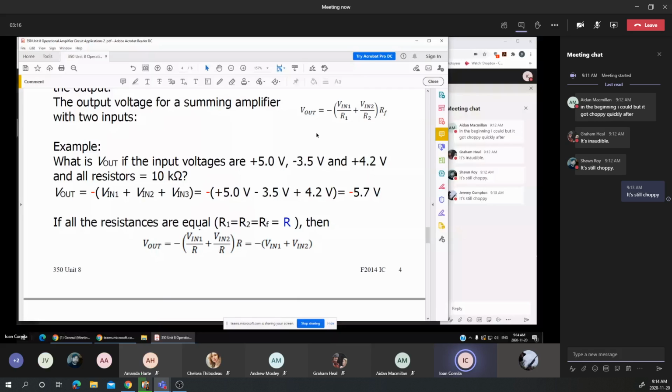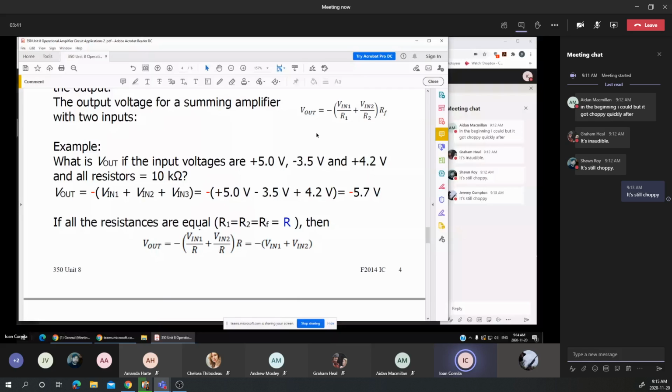Means that the output is an algebraic sum of all the input voltages, but with a negative sign because it's an inverting amplifier. In this equation, if we take R1 equals R2 equals RF equals a given resistance, it doesn't matter.